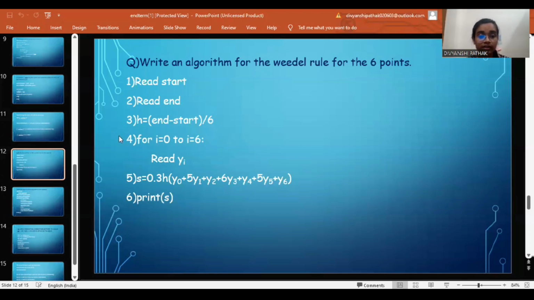Now in the fourth step, there is a for loop for the variable i initialized from 0 till 6 to read all the values of y. In the fifth step, we will evaluate the value of s using the formula 0.3h within the bracket y0 plus 5y1 plus y2 plus 6y3 plus y4 plus 5y5 plus y6. And at last, we will print the value of s.